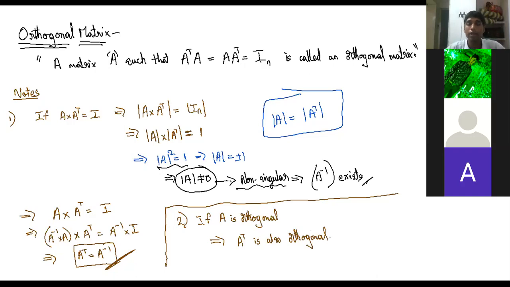If you say a matrix A is orthogonal, then you can say its transpose matrix is also orthogonal. This is very, very easy to prove, but still I'm not going into the proof because I have to use a property of inverse matrix. Right? Can we move ahead?